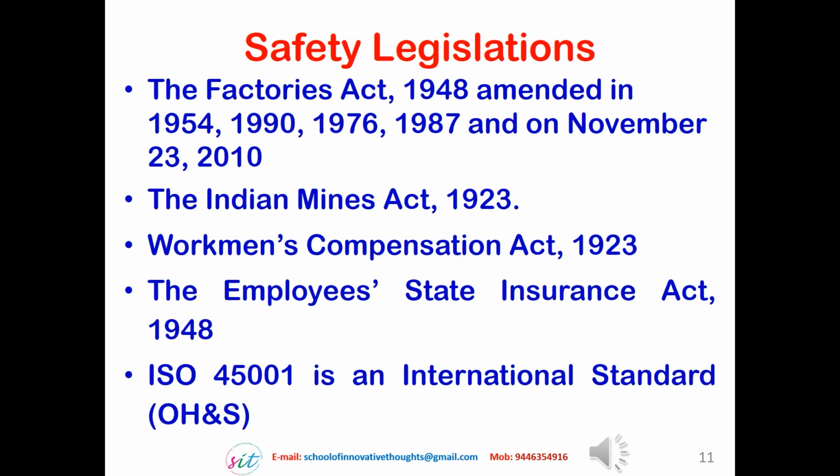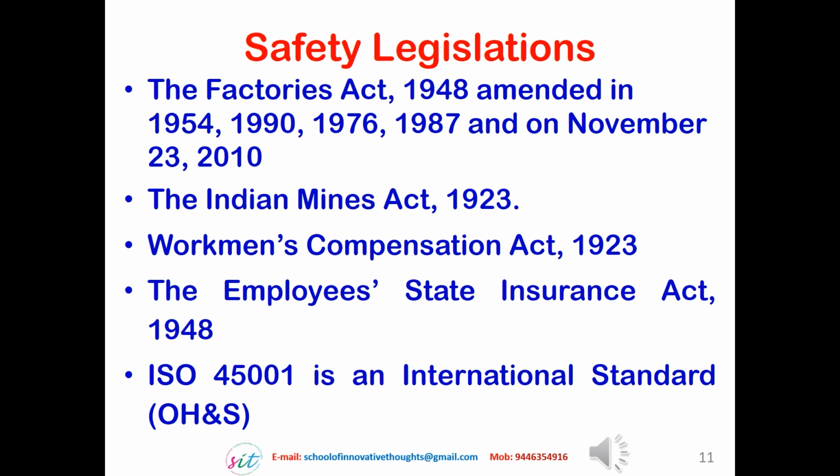In this slide, the legislation with regard to safety is introduced. The basic legislation with regard to safety is the Factories Act of 1948, which was amended in many years, and in 2010 the last amendment was incorporated.